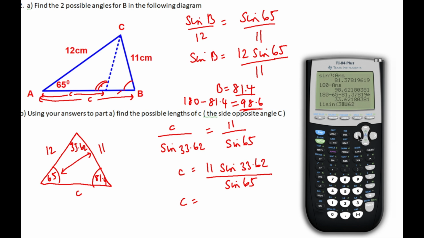Actually, it's going to use answer here, so I'll get it a little bit more accurate. Okay, so I've got that divided by sine 65. Okay, so this one would be 6.72.